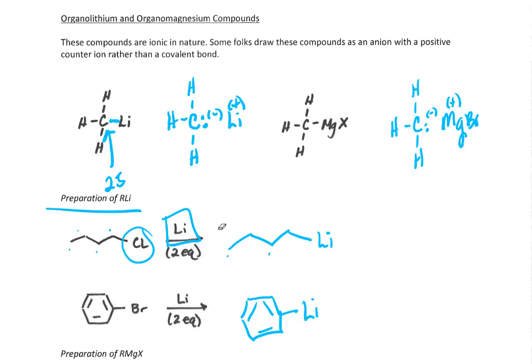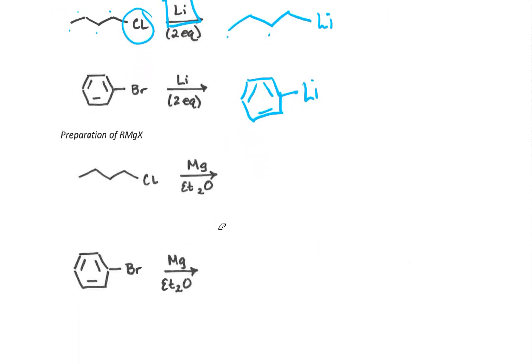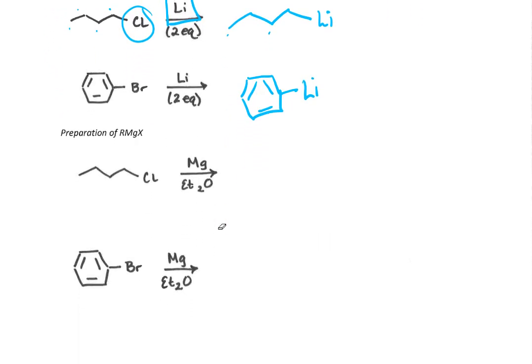So let's talk about how to prepare an organomagnesium compound. You have actually already seen this preparation before, but you've seen it specifically using a bromine as the halide.